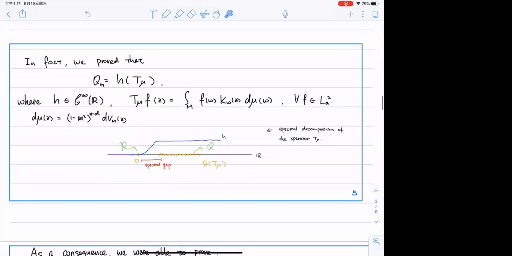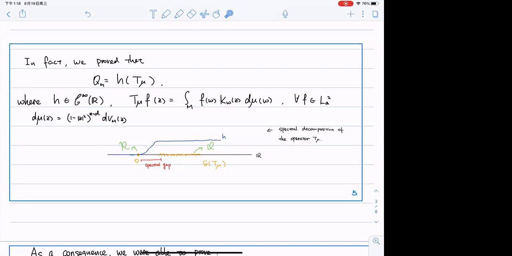In the spectral decomposition of this integral operator, there is a spectral gap. This is the spectrum of the T_mu operator. You have 0 corresponding to the kernel of T_mu, which is exactly the R_M space, and another part corresponding to its complement, which is our Q_M space.